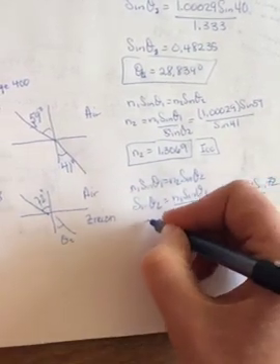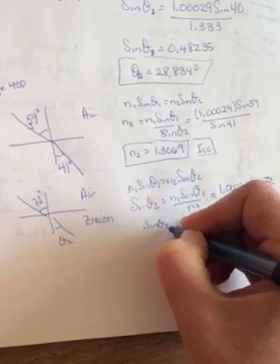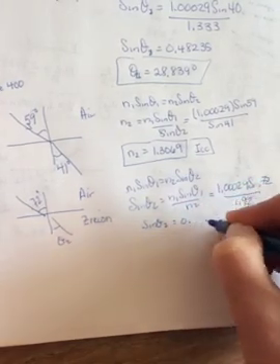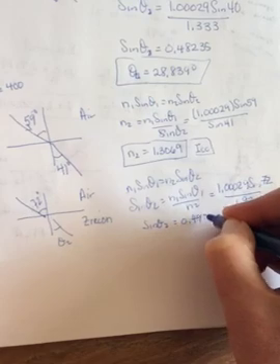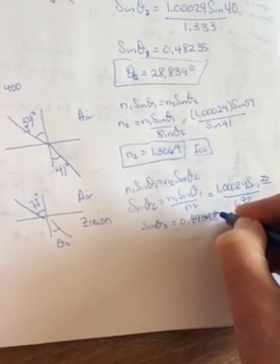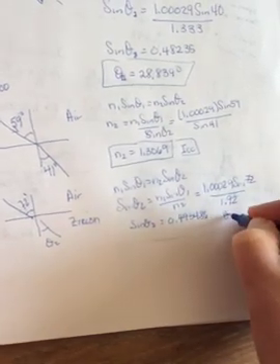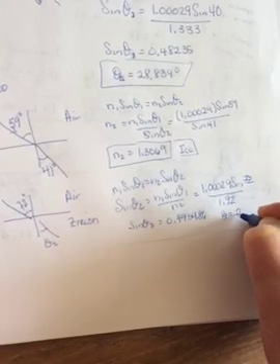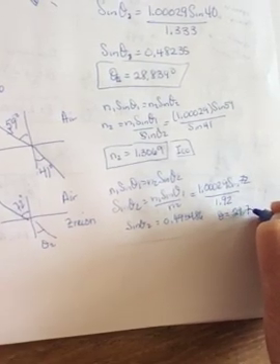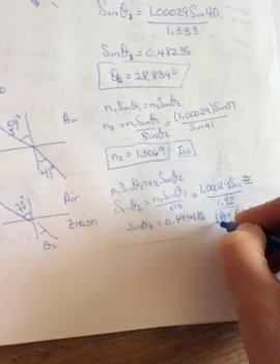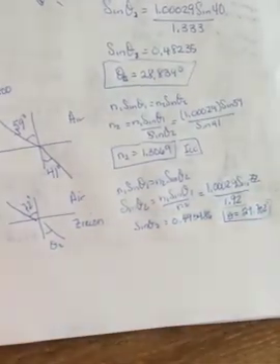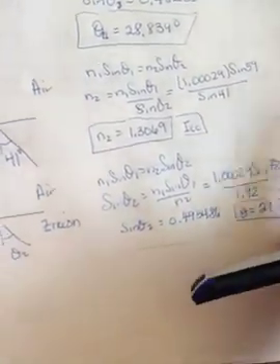Okay, and so you're going to get a sine theta 2 of 0.495486. Do second function sine and get theta 2 to be 29.702 degrees. Okay? All right, that was number 7 and 8.